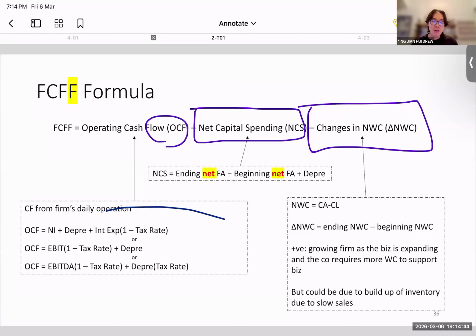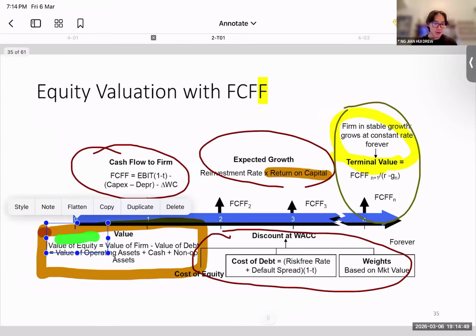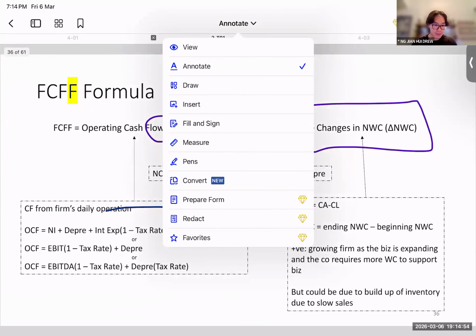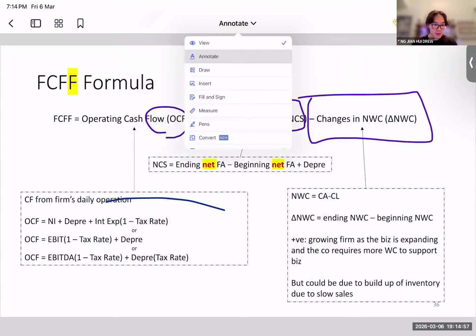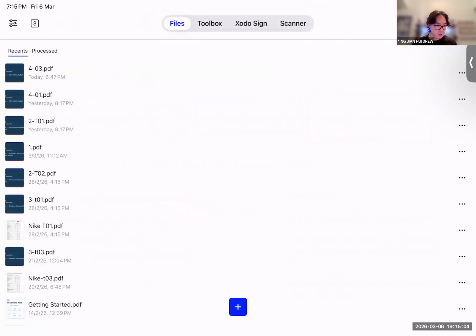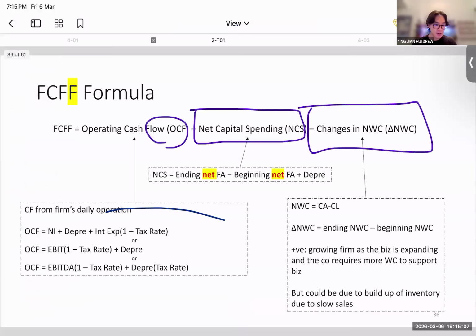But recall that in lecture 2, I mentioned that, in terms of our operating cash flow, I will go into more detail on why, in our operating cash flow, sometimes it's plus depreciation, sometimes it's depreciation times tax rate, right?